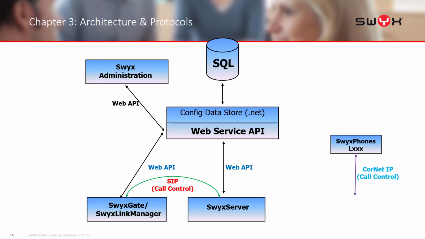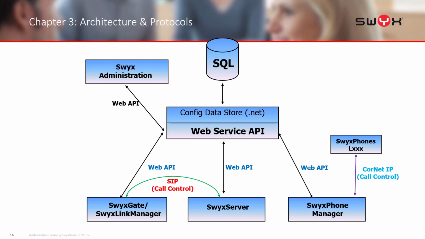For the system phones, the Swyx phones, we use that unified protocol called CallNet. So we have a service running on the server called Phone Manager, and Phone Manager will communicate via web APIs to the .NET service and allow the buttons to be programmed, the displays to have the right information on, etc. But when a user wants to hold and transfer a call and things like that, the Phone Manager is using SIP call control messages to and from the server.